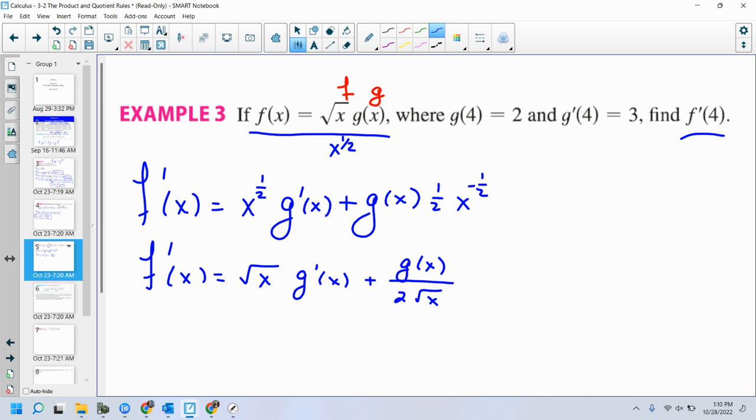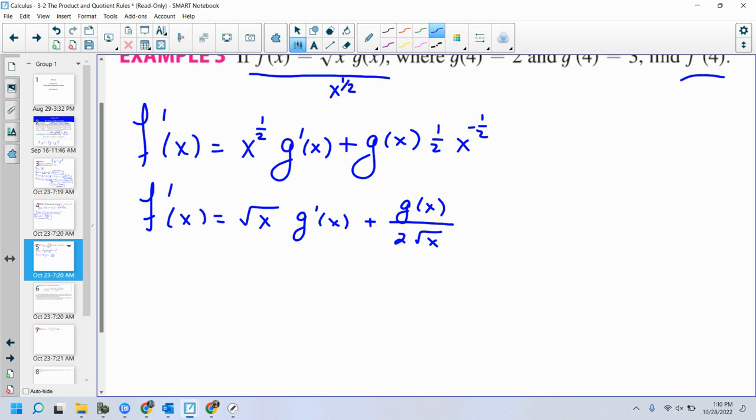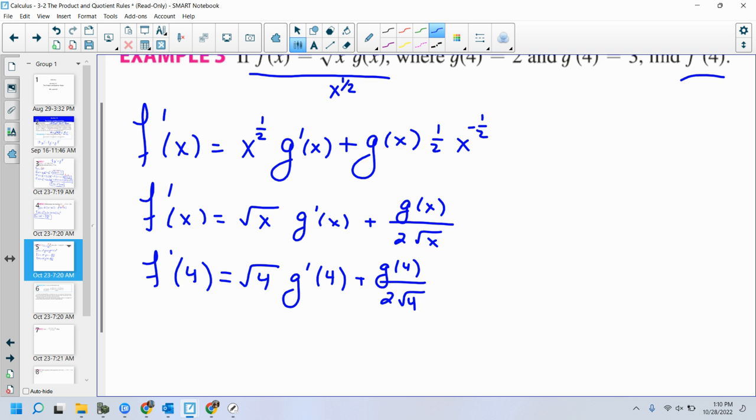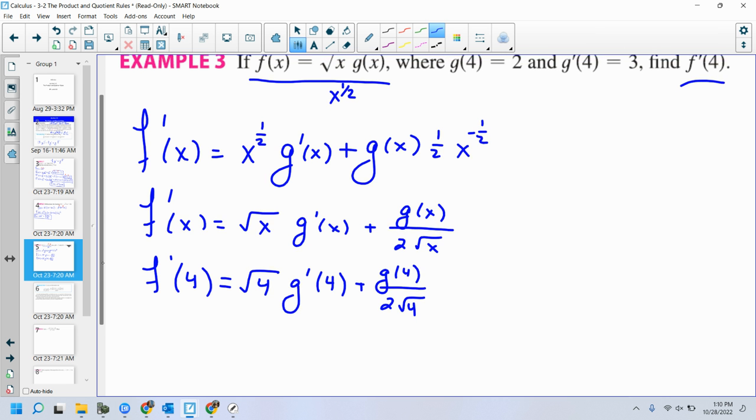Okay, let's find f prime of 4. That means f prime of 4 is radical 4 g prime of 4 plus g of 4 over 2 radical 4. And we know all of these things.